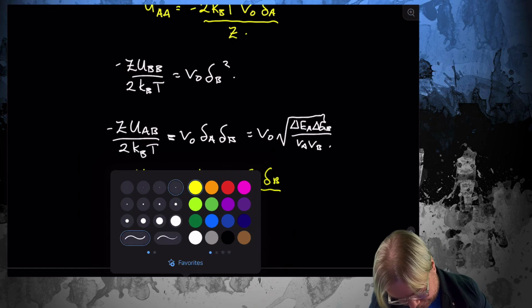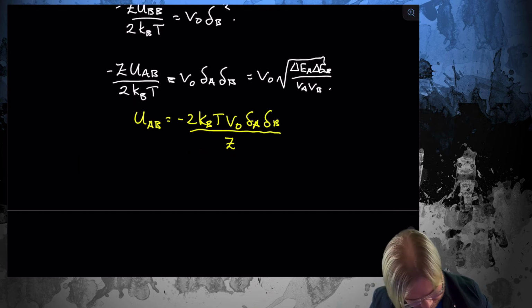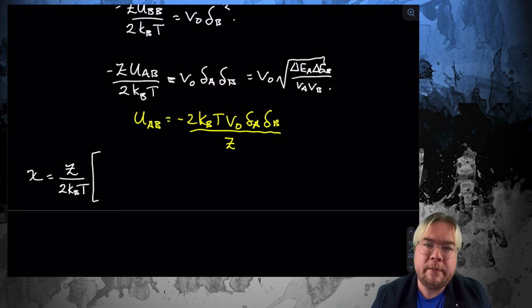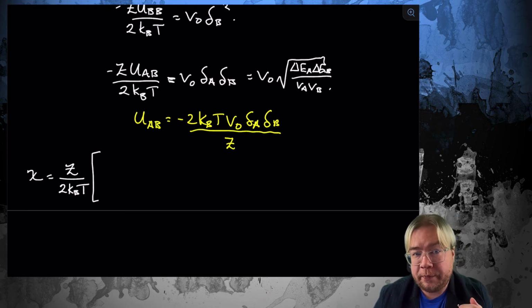So if I just directly substitute these in, I've got that chi is the coordination number divided by 2 kBT. And then I'm just going to substitute in for UAB, UAA, and UBB.